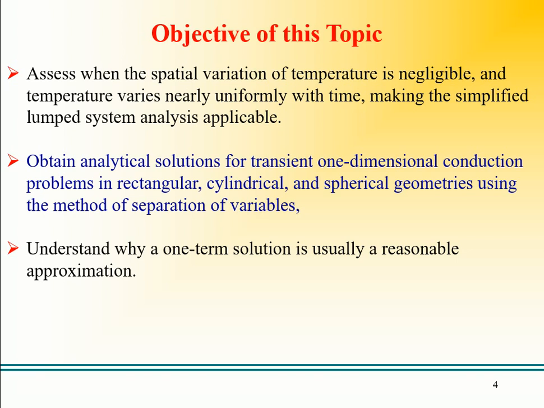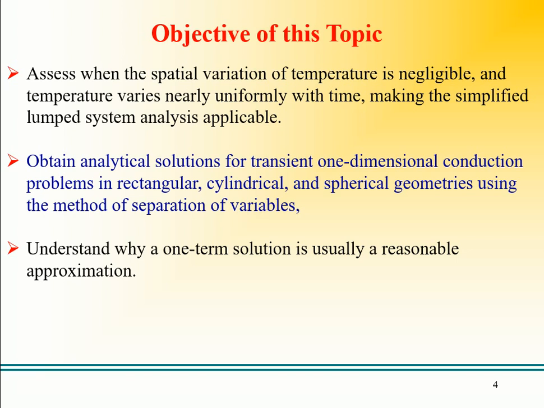Objective. What is the objective of this topic actually? The student must know where this technique is applicable or not applicable: to assess when the spatial variation of temperature is negligible and temperature varies nearly uniformly with time, making the simplified lumped system analysis applicable.